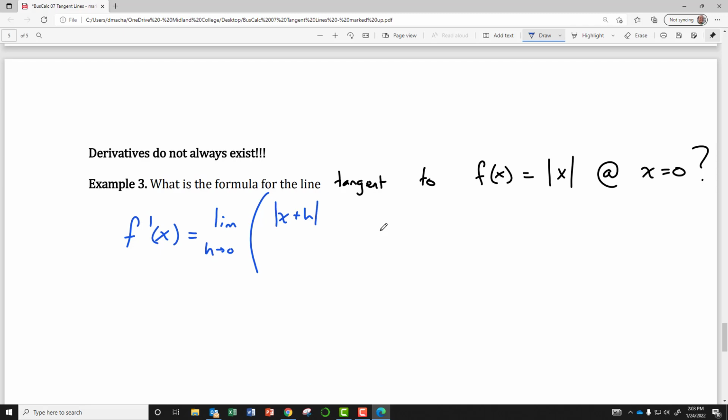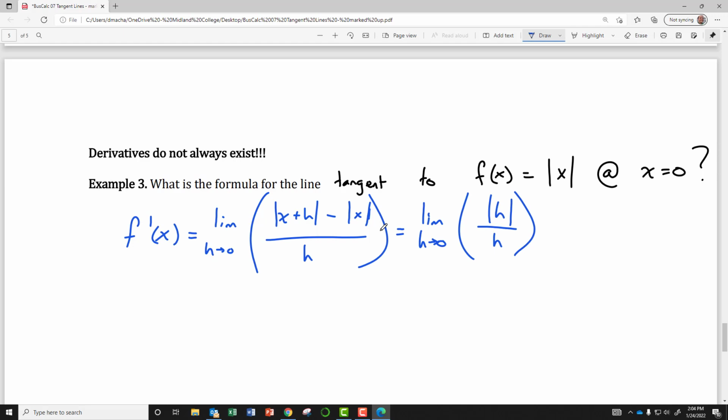So I'll write absolute value x plus h minus absolute value of x divided by h. And since in the numerator we're just taking absolute values, this is going to be absolute value of h over h.